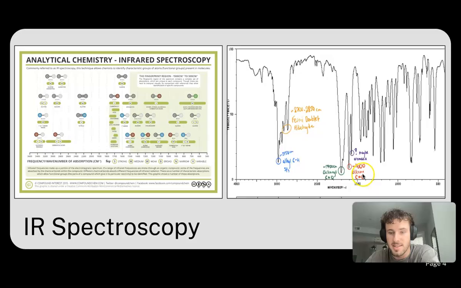Additionally, we have around 1600 an alkene, C double bonded to a C. So this might be aromatic, given that there is also transmittance around 1550, which is in the aromatic range.